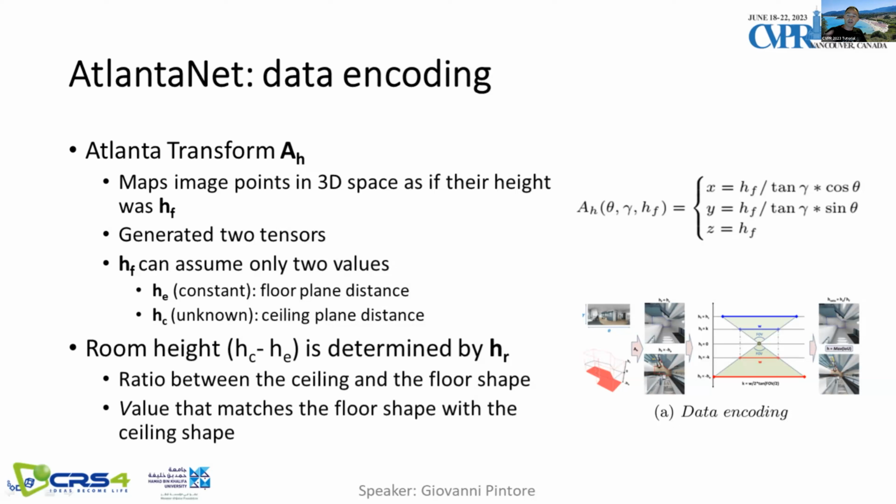In other words, we encode the height of the ceiling, that is the height of the room, in the ratio between the ceiling and the floor shape. In this way, we have only one branch to solve our problem with a deep learning pipeline. Ideally, the ratio should be the value that makes the floor shape match with the ceiling shape.